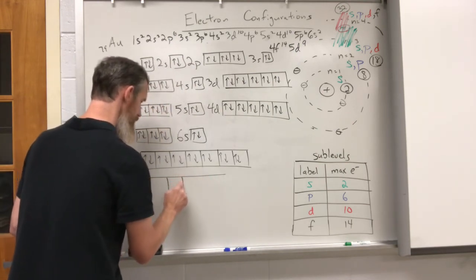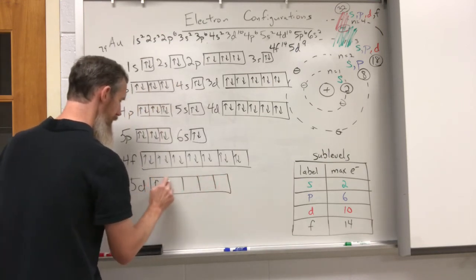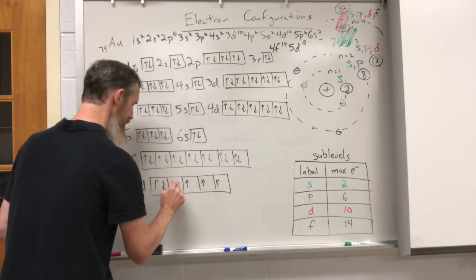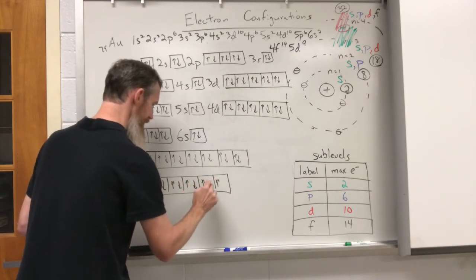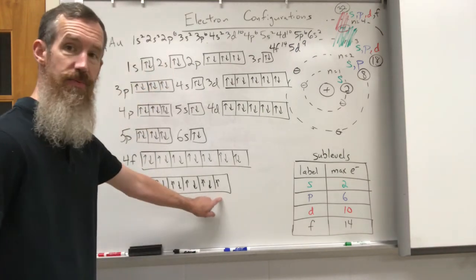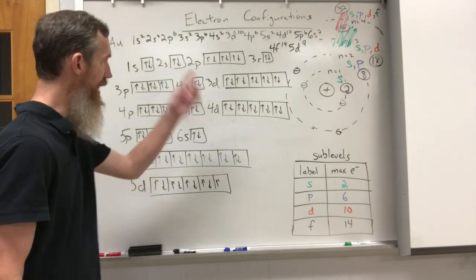We need 1, 2, 3, 4, 5 boxes. Up, up, up, up, up. Then down, down, down, and down. This last one, that's an unpaired electron, right? So it didn't have a full complete.